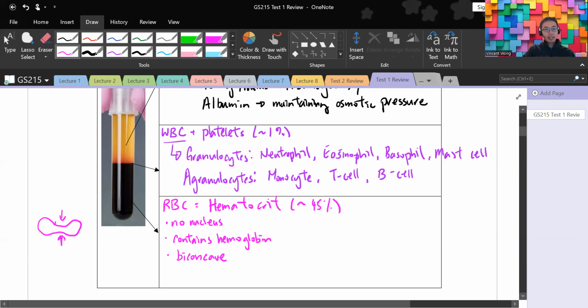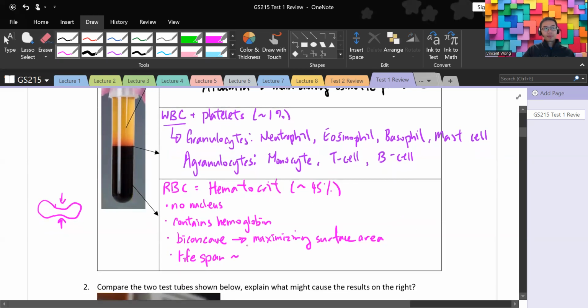Biconcave, and that's important for maximizing surface area for gas exchange. Lifespan, how long do they live for? Yeah, about 120 days.